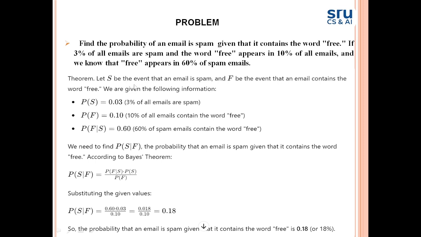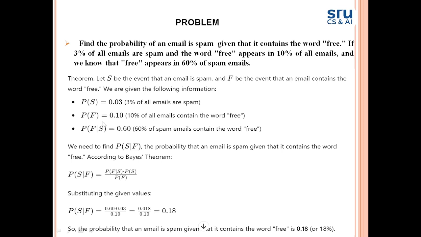Using Bayes theorem, let S be the event that the email is spam and F be the event that the email contains the word free. Here probability of S is given as 3%, so we can write it as 0.03.